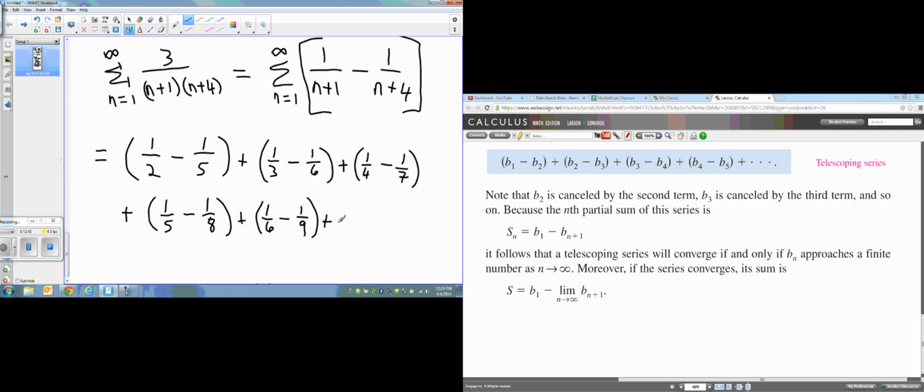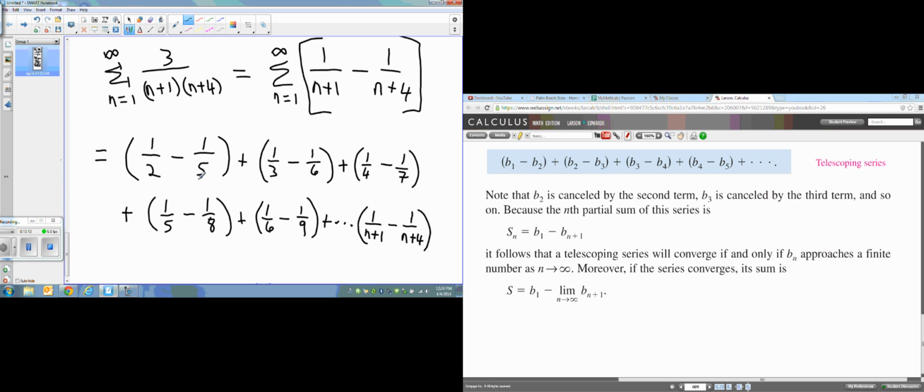And this continues on like this all the way up to the term 1 over n plus 1 minus 1 over n plus 4, and it actually continues on forever.